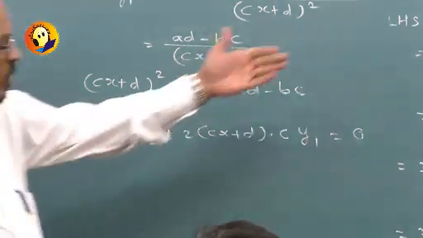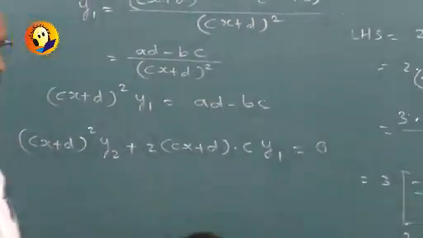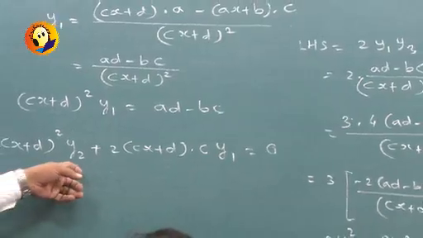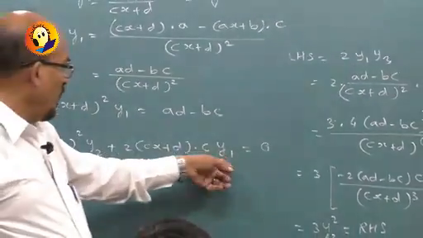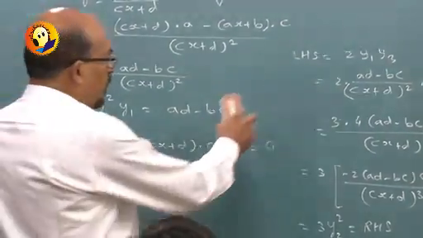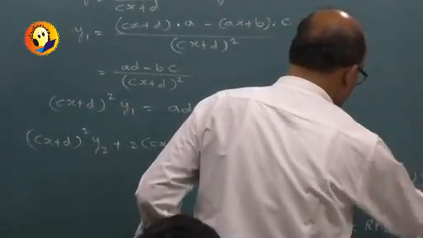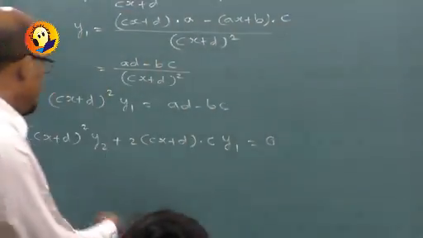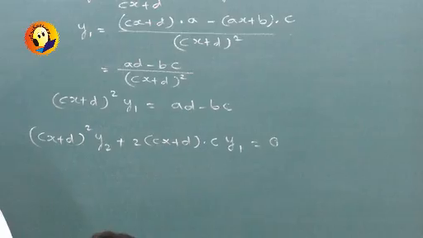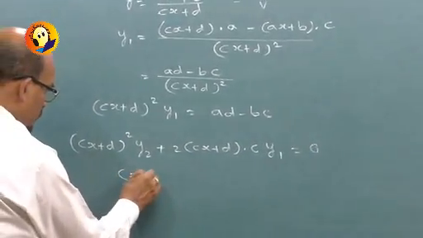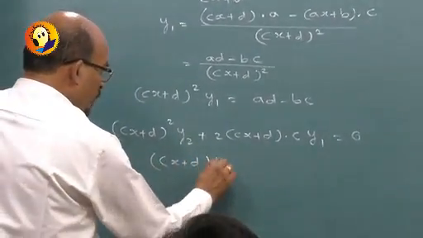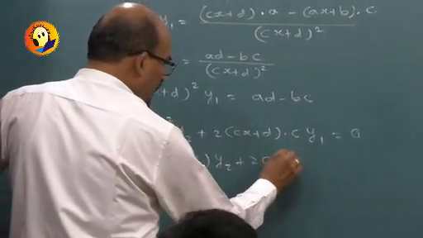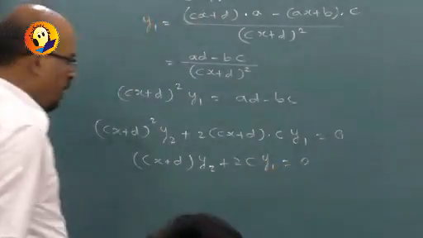Right? So we are not just finding them one after the other. We have already got y2, y1. Now what? Cx plus d can be cancelled? Yes. So we have (cx plus d) y2 plus 2c y1 equal to 0.